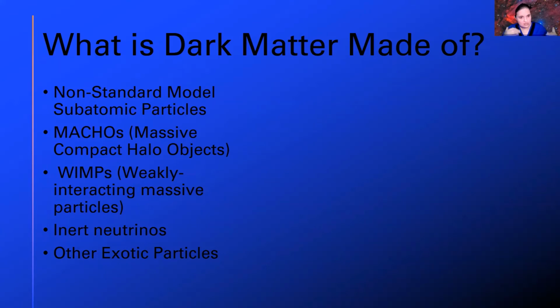We have two different categories for these so-called non-standard particles: MACHOs, which are massive compact halo objects, and WIMPs, weakly interacting massive particles. Basically, these are either really heavy or just don't interact with other things. They could be inert neutrinos or other types of exotic particles we have yet to discover. Hence the constant research.